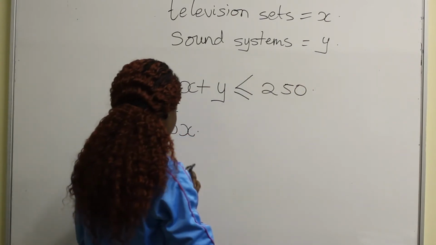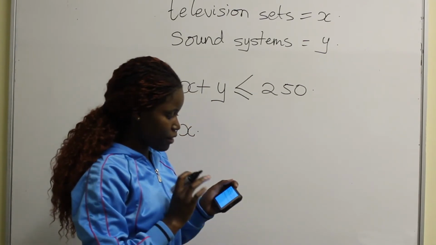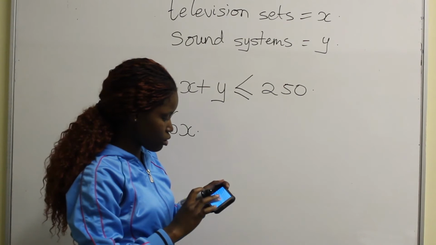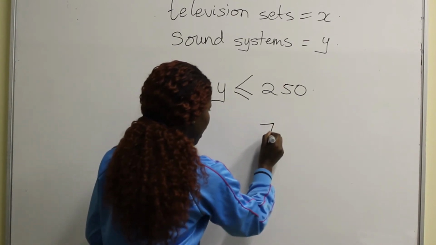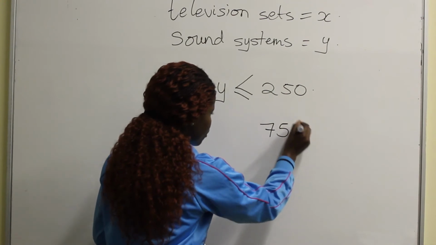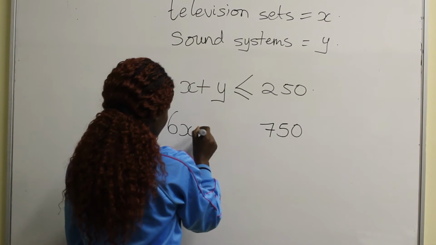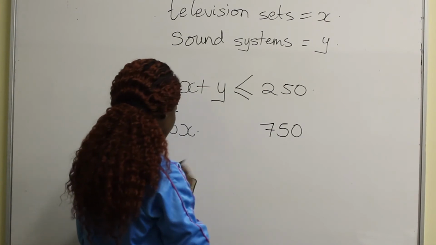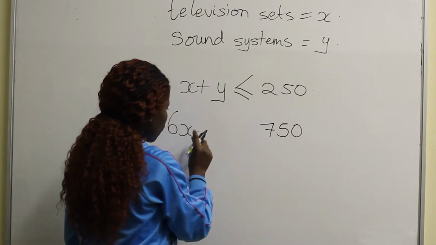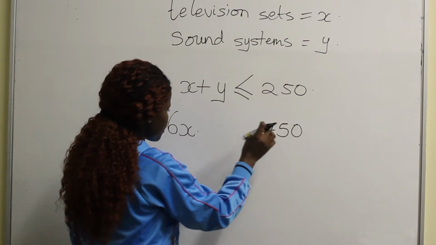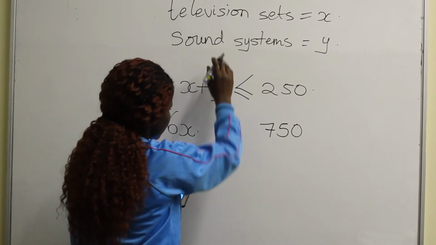Just to continue a little bit with the question, there is 750 meters of copper wire available for a given day. Therefore, I'll just note down that there is 750 meters. And we already know that it's going to be 9 meters of copper wire for sound systems.